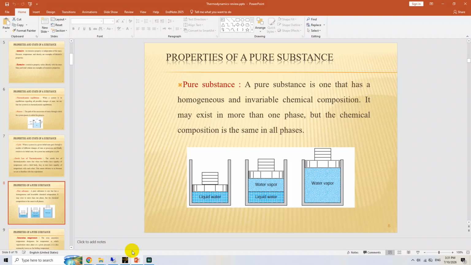So in all the cases it is pure water, but in the first case it is in the liquid phase, in the second case liquid and vapor are together, and in the third case it is only vapor.